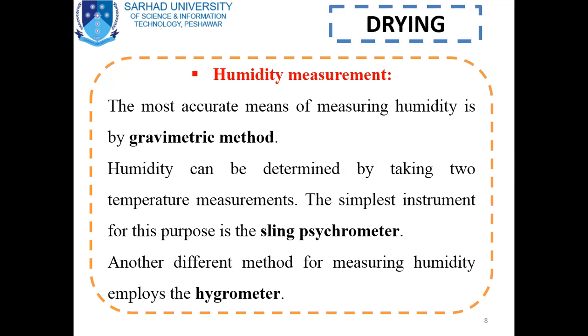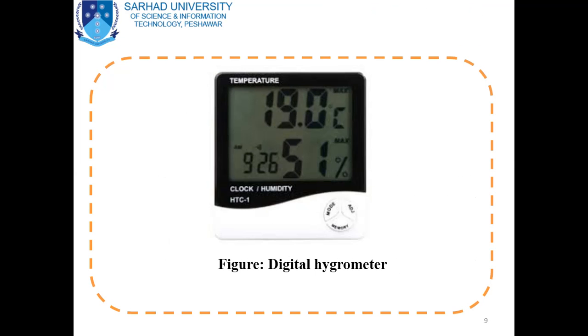The digital hygrometer has a digital screen showing the temperature, as you can see in the figure, on the top. You can see from the unit that degree centigrade is the unit of temperature, and humidity is measured in percentage, here showing 51 percent humidity and 19 degrees centigrade.